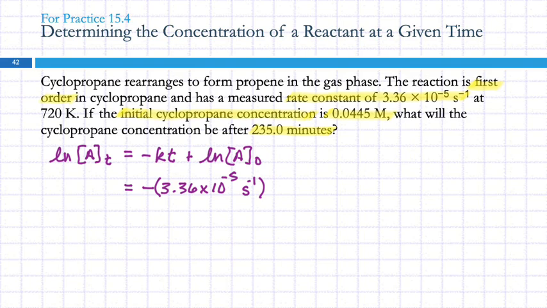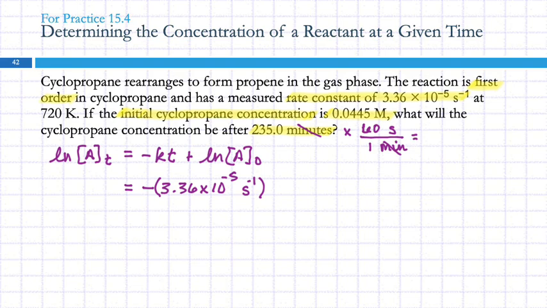And what's the time? Well, it's 235 minutes. If I put minutes here, is that going to cancel with seconds? No. I need to convert minutes to seconds. Right? So I want minutes in the denominator, so those cancel out, and I want seconds in the numerator. How many seconds in a minute? 60. So that's something I'm going to assume you know.